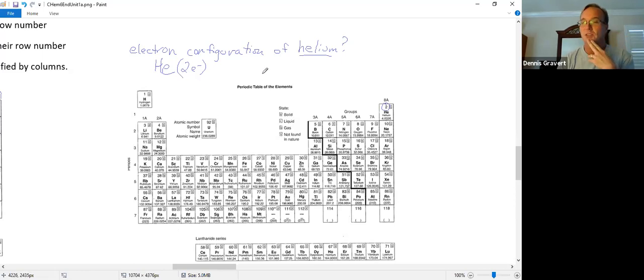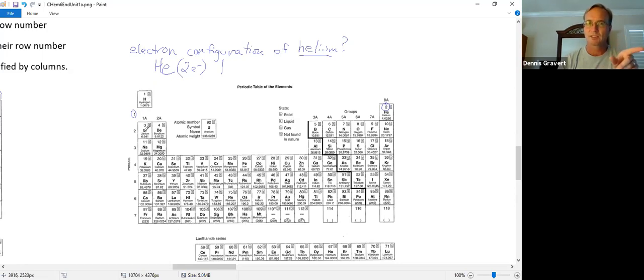Where are those 2 electrons? Well, where's the first electron? The Aufbau principle says it goes into the first shell. Well, that's row 1. So we're going to write a 1 here. The first electron is going to the first shell, 1. What subshell? Well, the electron goes in where hydrogen's electron is.